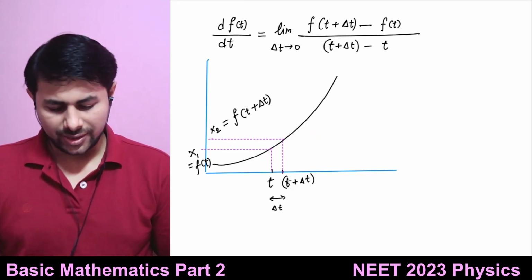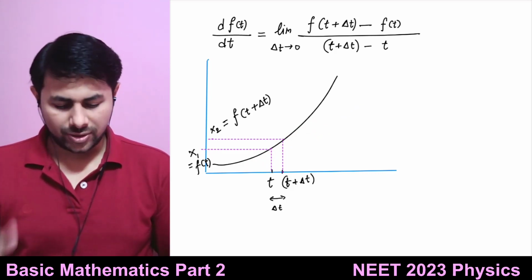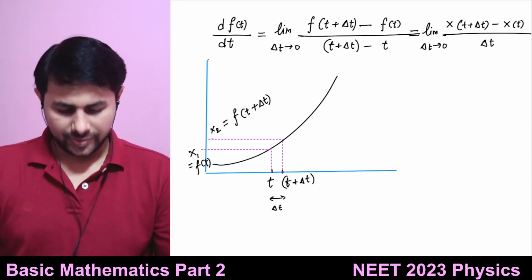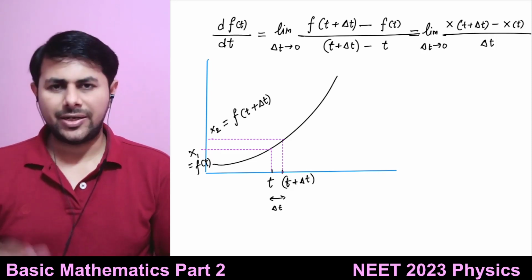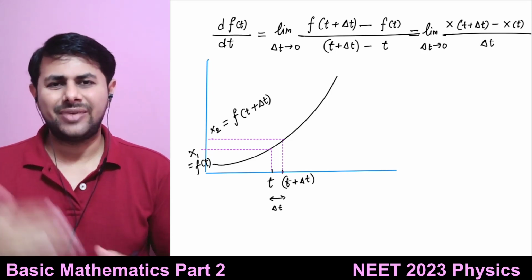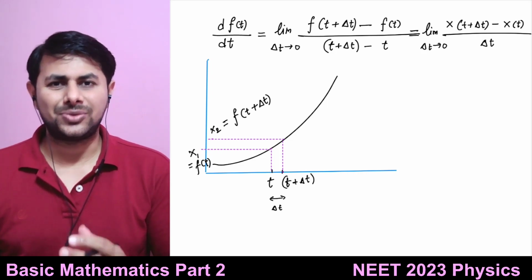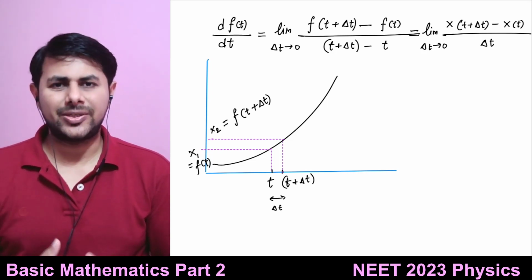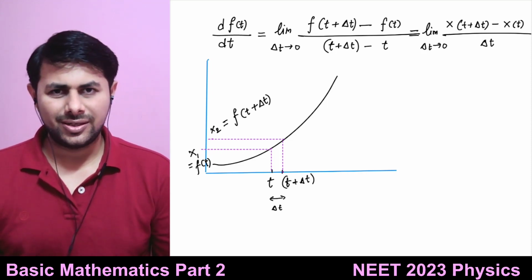Then we call that ratio the derivative. Clear? Let me define it once again. What is the derivative? The derivative is the slope of the tangent line to the curve.